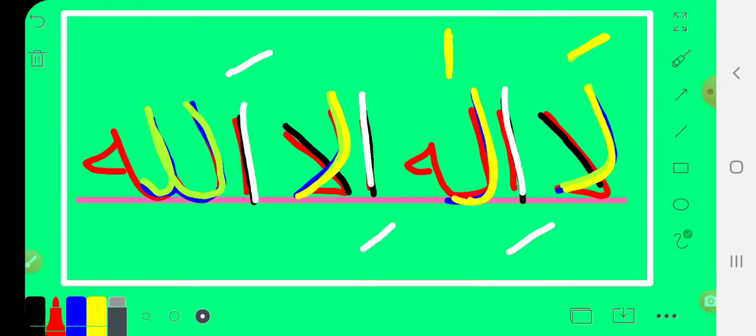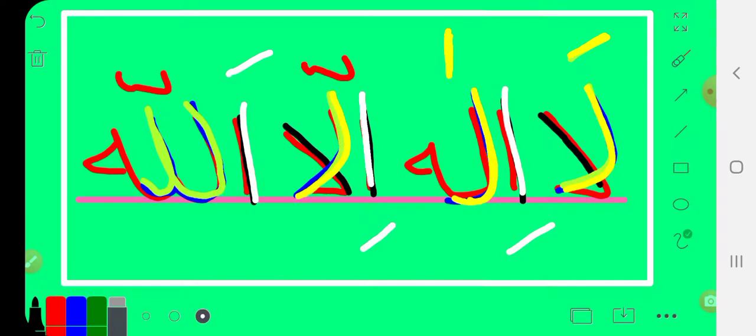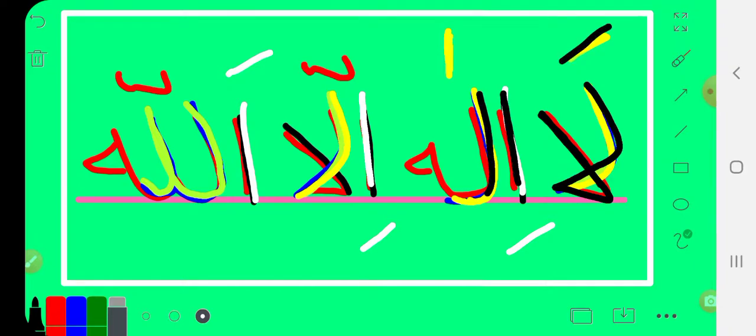And this one here has a shadda on top, which is like a small W, and we find it there as well. So we will read La. Okay, let's go back to the black. So we will read La, Ila, Ilaha.